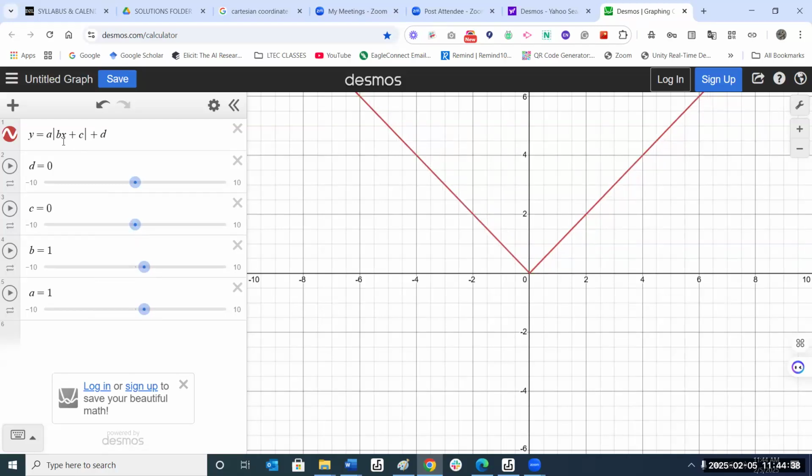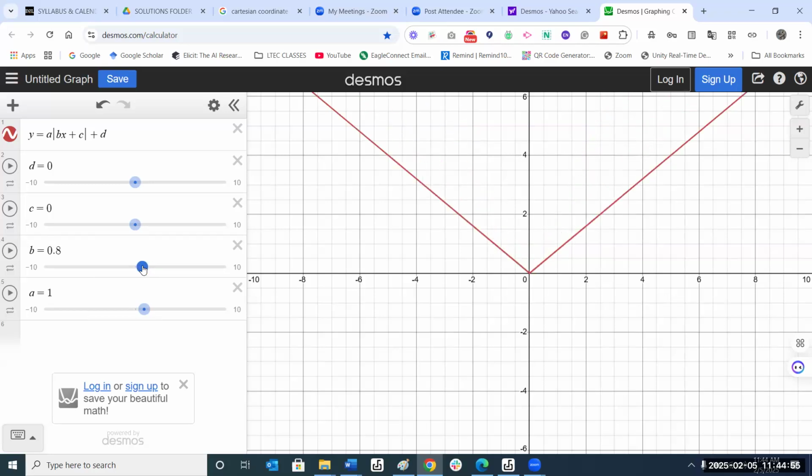Now, how about B, the coefficient of X? If B is positive, if it gets bigger, what happens to the graph? No. Remember, inside is horizontal. What's happening is horizontally, it's constricting. A horizontal constriction looks like a vertical stretch.